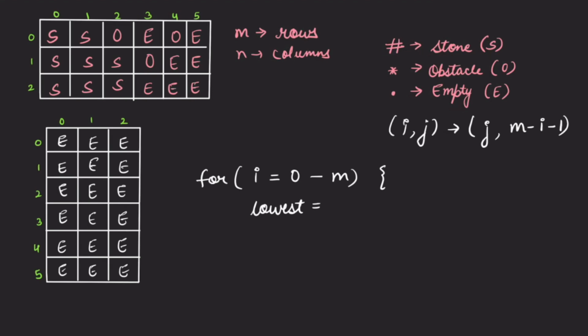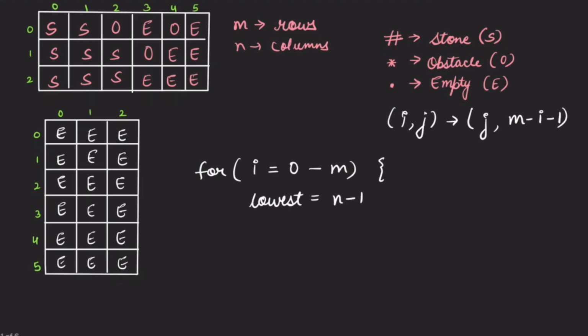Now, initially, can we keep it as n minus 1? Why are we keeping it as n minus 1? Because n is the last row here. Here, n was denoting the column, and this is going to become the last row. We are assuming that right now we have just started considering this particular column, so we don't know what the valid lowest empty cell is.